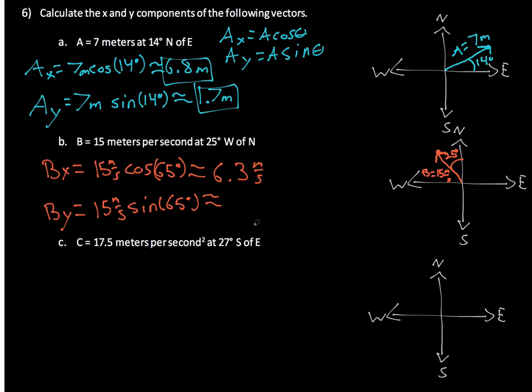And then 15 times the sine of 65 gets me 13.6 meters per second. So those are my x and y components for this second example here.